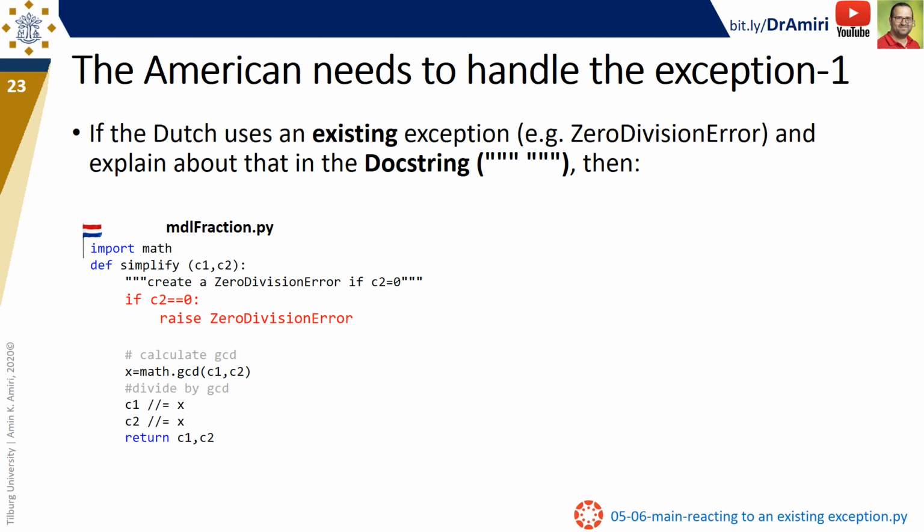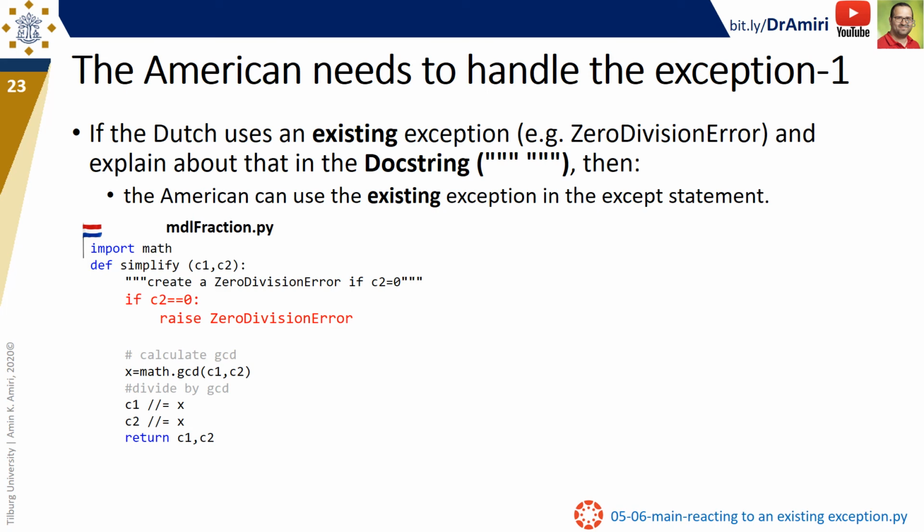One way to do that is to mention it in the docstring, right after the signature of the function. You use triple quotations and explain what the function is about, and there you explain what type of runtime error can occur using this function. So that's what the Dutch programmer needs to do.